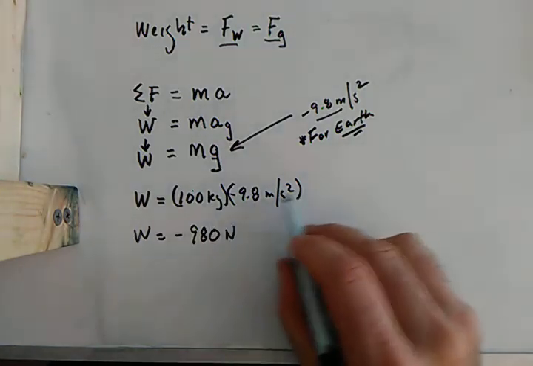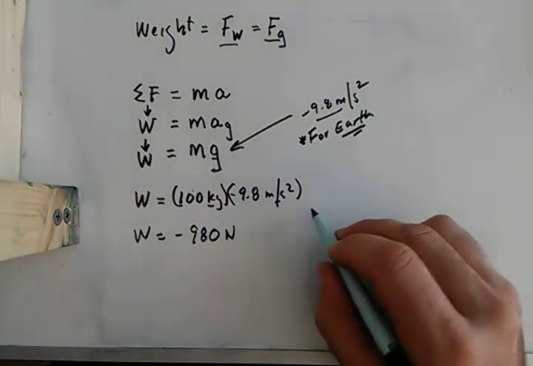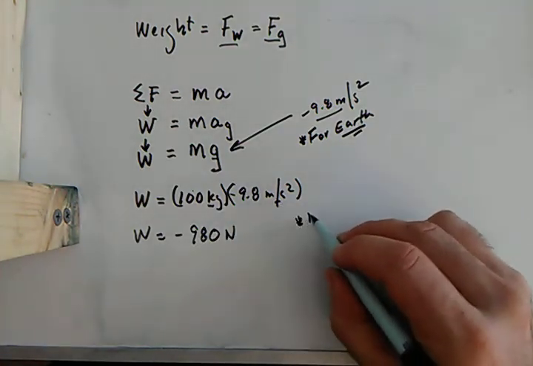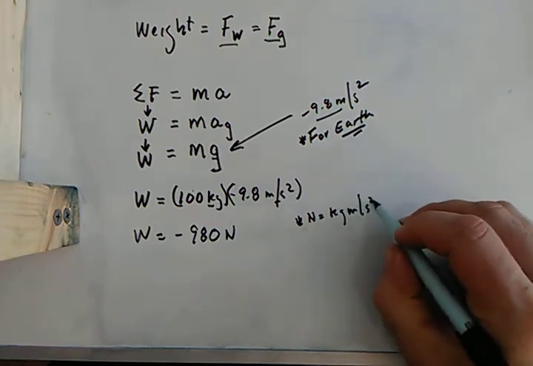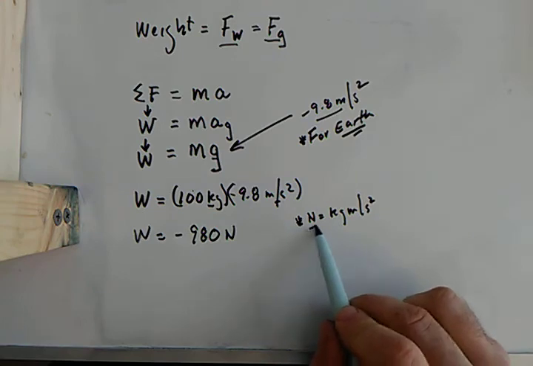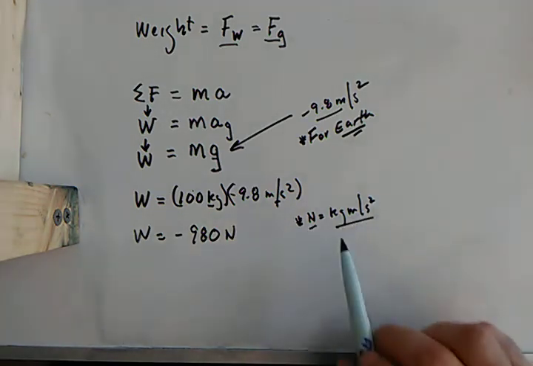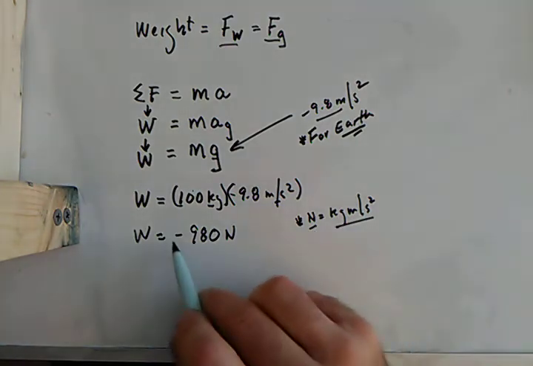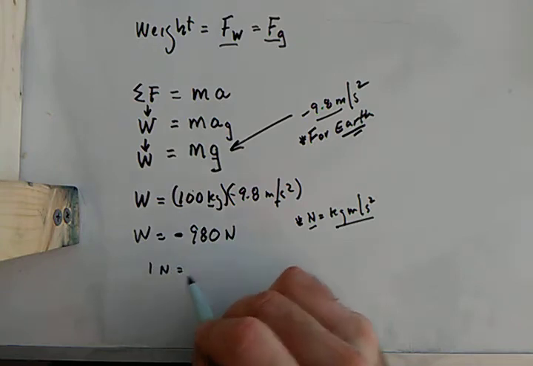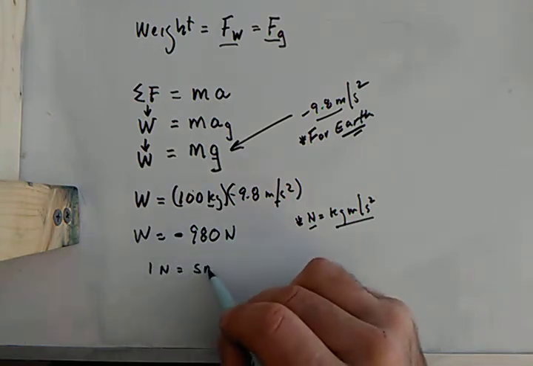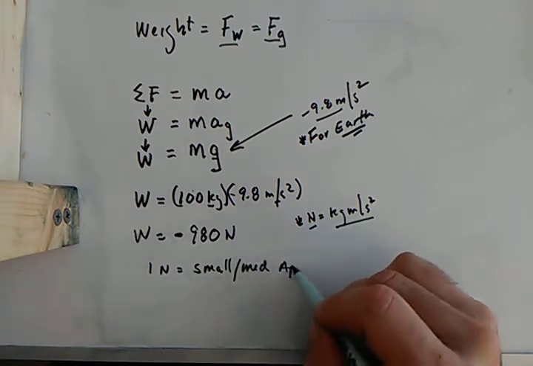If I take these units and multiply them together, a newton, just off to the side, is a kilogram meter per second squared. Now, what would you rather say, Newton or this whole long spiel? Personally, I'd rather say a Newton. So again, just to recap, 1 Newton is about the weight of a small, medium apple.